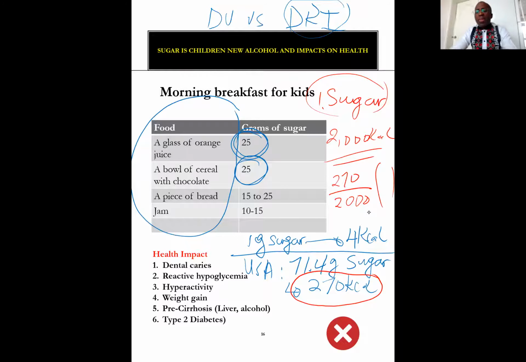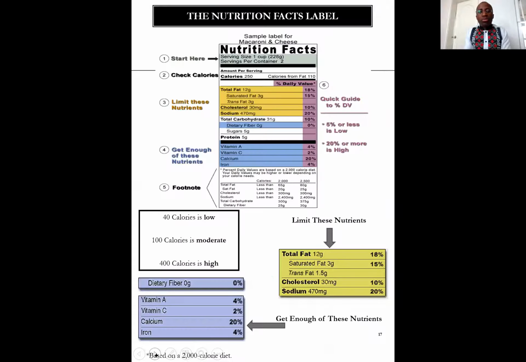This is already over 10%. The World Health Organization is telling us up to 5%. So again, let's be very careful about it when we look at the food label and what we have there. Okay, so let me move on now.